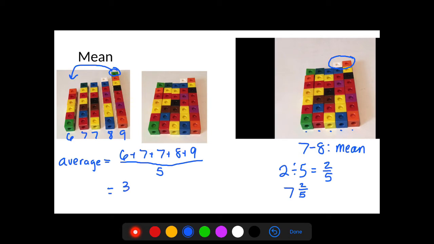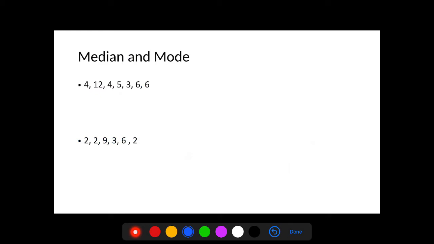This ends up being 37 divided by 5, or 7 2/5. Again, the average can just be interpreted as if we redistributed our unifix cubes and evenly put them in 5 handfuls.